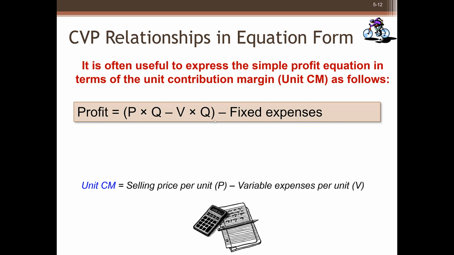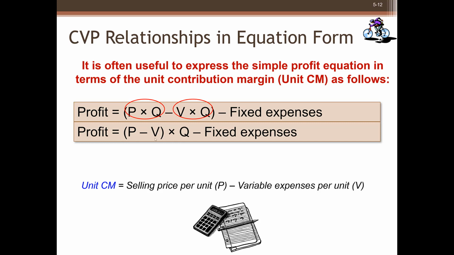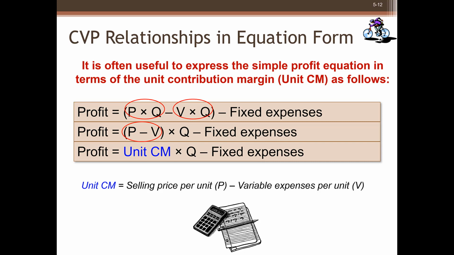Based on the original equation, on a per unit basis, we can rewrite profit as P minus V multiplied by Q minus fixed expenses. And P minus V is the unit contribution margin. So the equation can be expressed as profit equals unit contribution margin times Q minus fixed expenses.